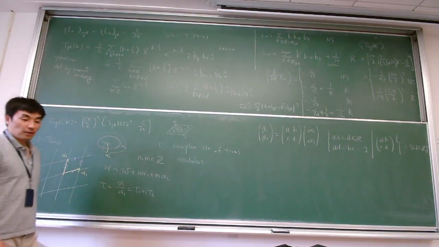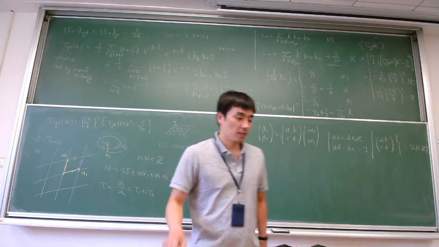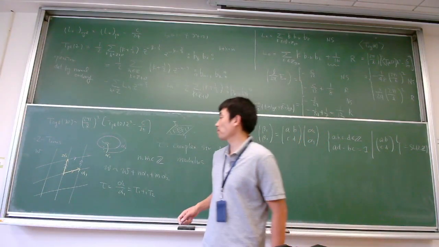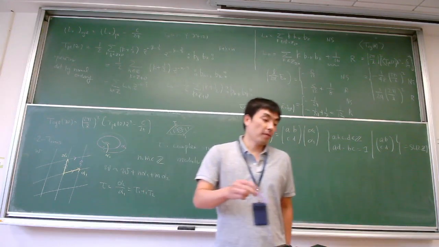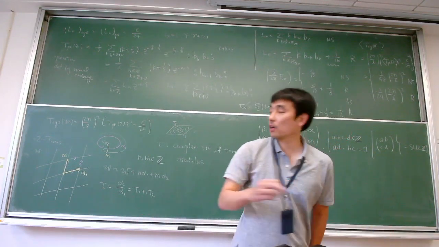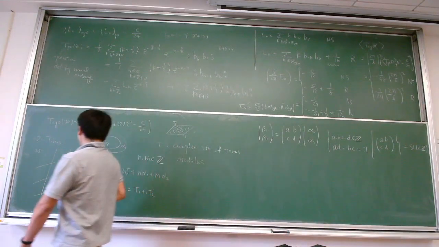In some sense, beta 1 and beta 2 can be defined like this.